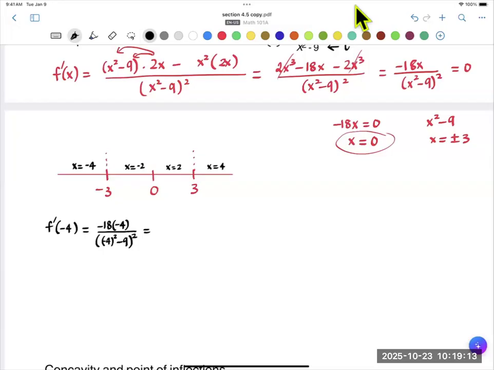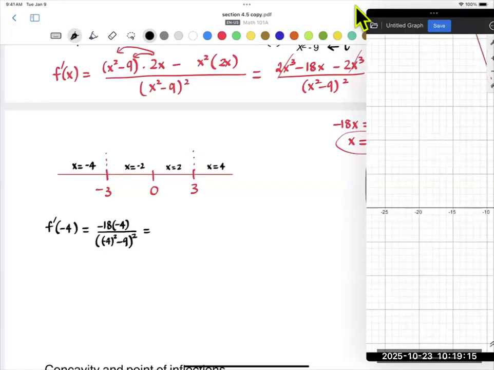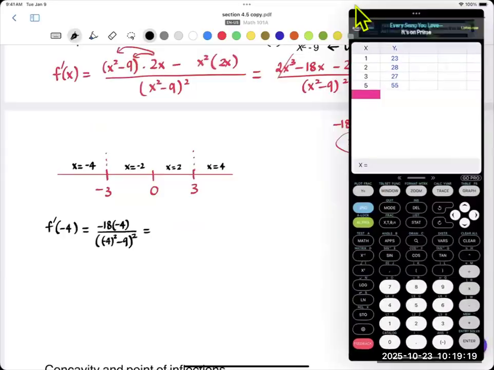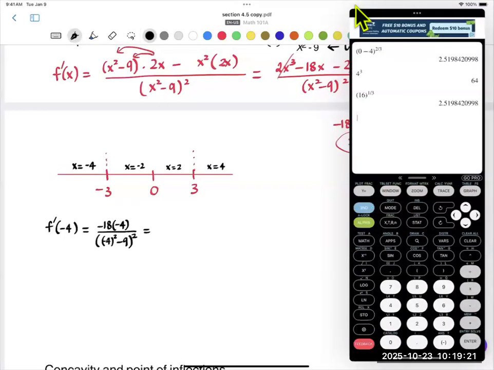We're gonna use a calculator to find the value. Negative 18 times negative 4 over negative 4 squared minus 9 squared, and that is a positive 1.46. It's positive. We don't need to care about what this number is, as long as you know it's positive, you can put it in here.